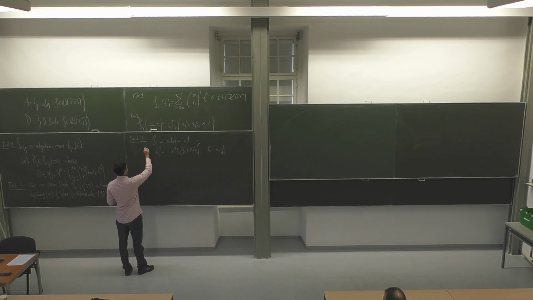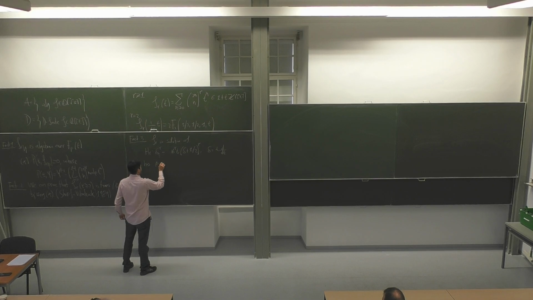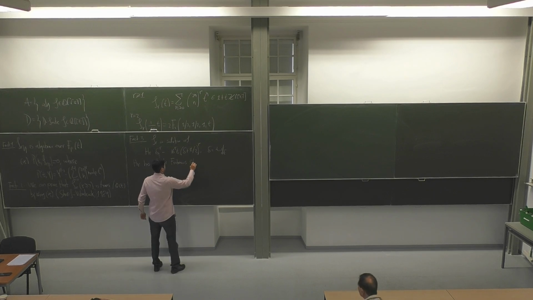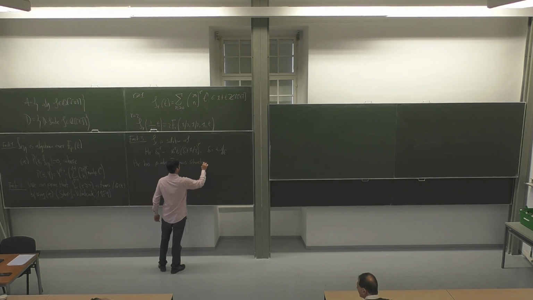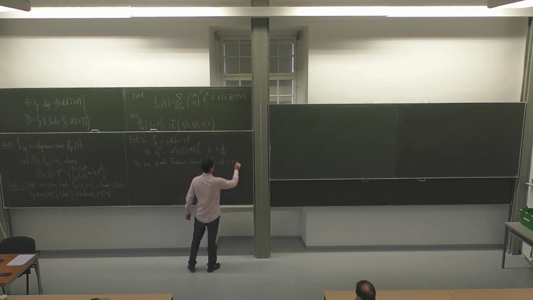So, as p-adic Frobenius structure for P bigger than 2.